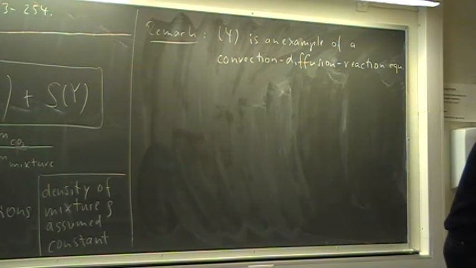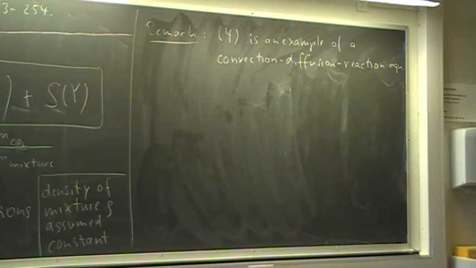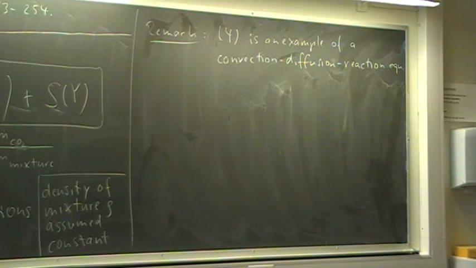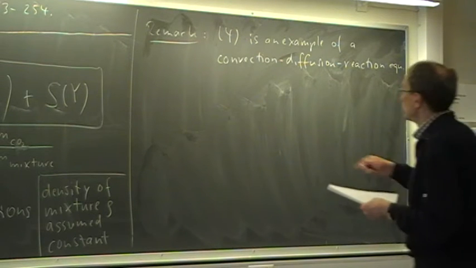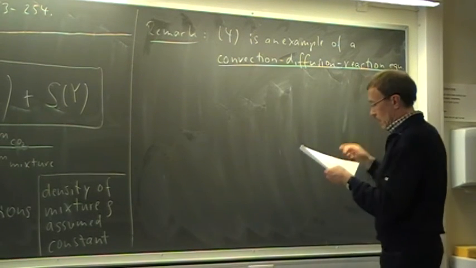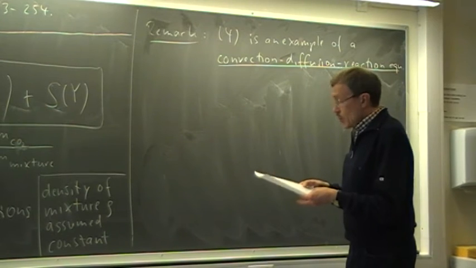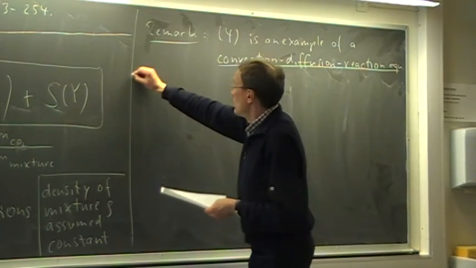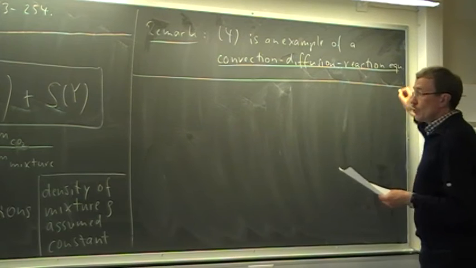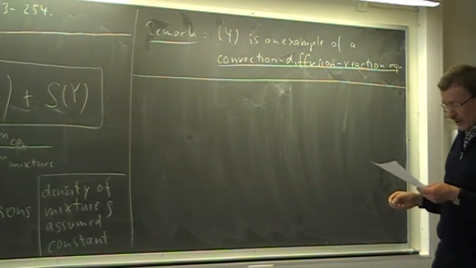The convection is due to transport, just translation; diffusion, where we have a smoothing effect; and reaction, where species might be generated or dissipated. So that completes the example of the 2D species continuity equation.